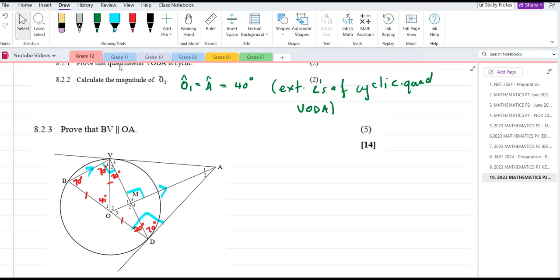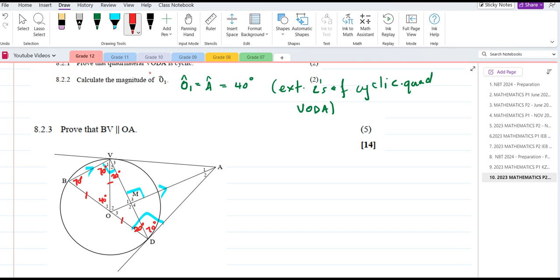Alright, and if this is 70, should we prove congruency here? I'm sure we can use diagonals of kite, because diagonals of kite intersect at 90 degrees. Yeah, I think I'm going to use diagonals of kite.